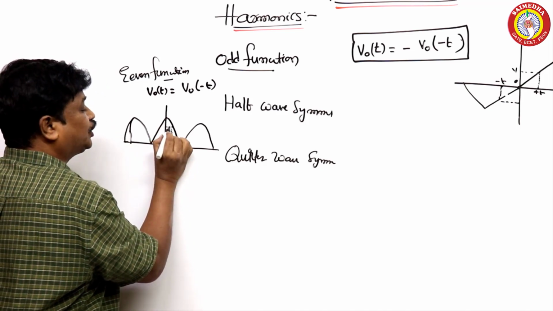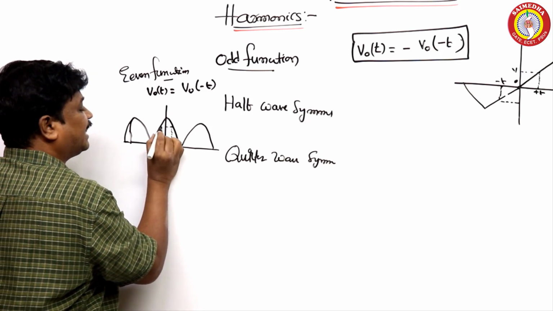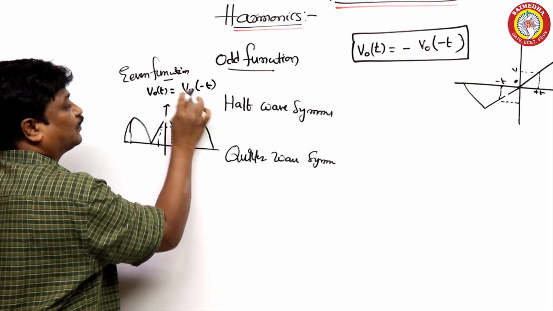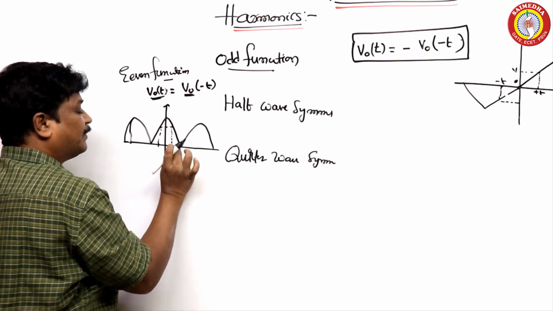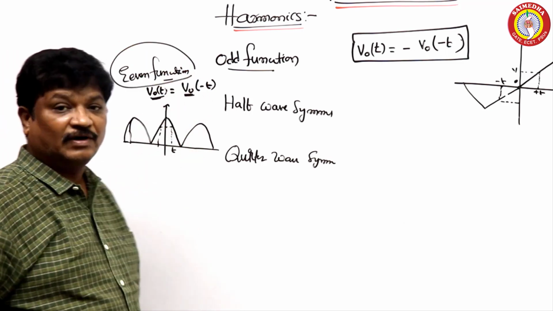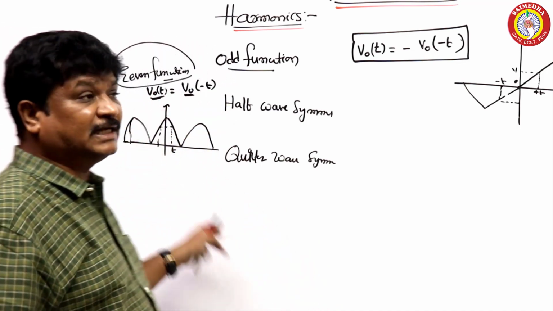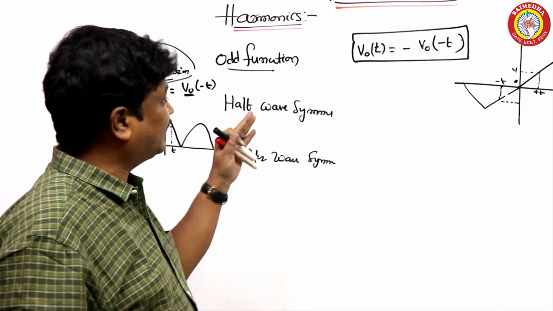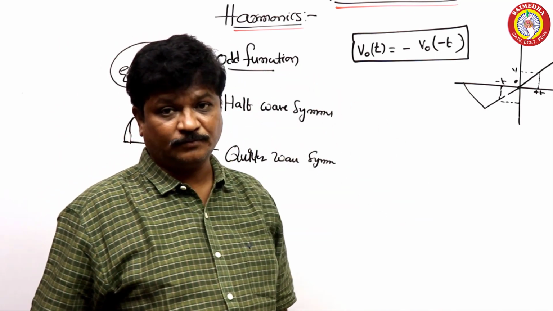Whatever the voltage is, positive at t, at the reverse minus t you will get the same positive voltage. This is a positive time of t and this is a negative time of t. This function we can call an even function. There are several examples of this type, but I am not giving more examples because in power electronics most of the cases we are going to get odd functions.